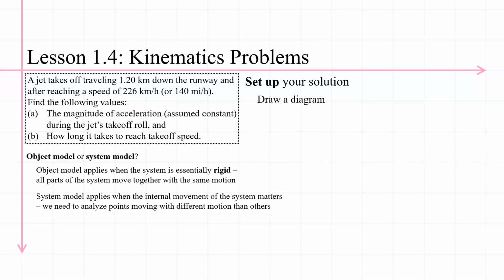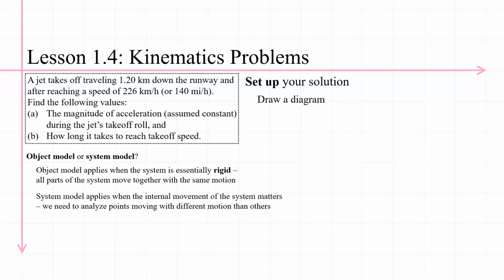There's a lot of moving parts on a jogger. And if you were to pick a point on a jogger's hand, you would get a lot of back and forth motion as their hand moves back and forth as they're running. But you're not going to just be analyzing the motion of the whole jogger down the road. And for a jogger, you may have to choose a system model instead of an object model.